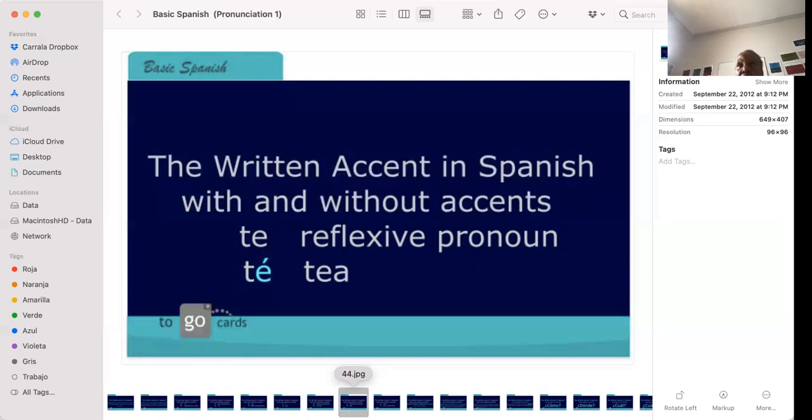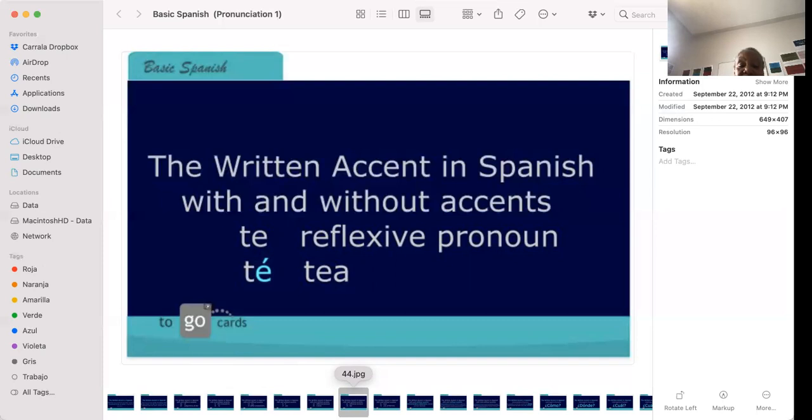Te hablo, te habla, te habla, te hablamos. We are talking to you, right? Te hablamos, that te means to you. But me hablo means I'm talking to myself. Or te hablas means you are talking to yourself, okay? So it's either a reflexive pronoun or it's an indirect or direct pronoun.